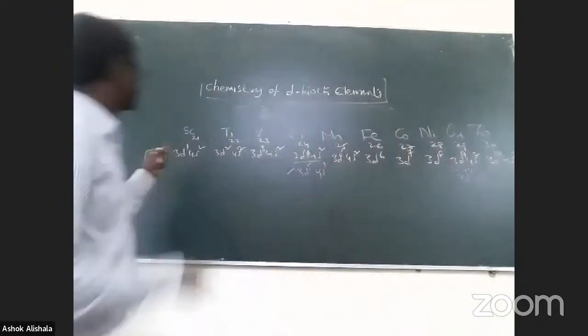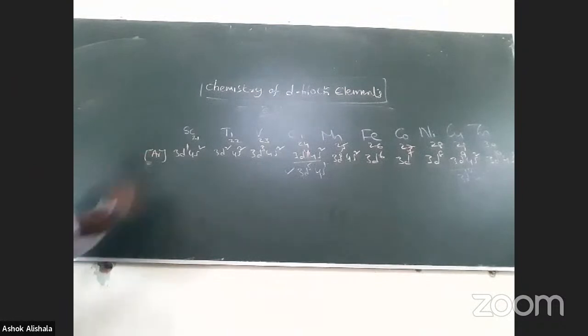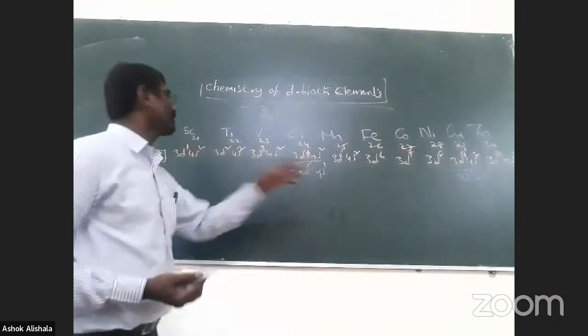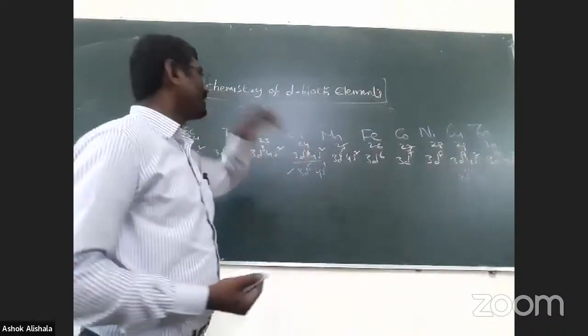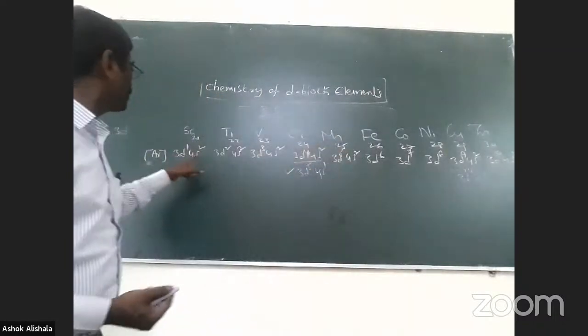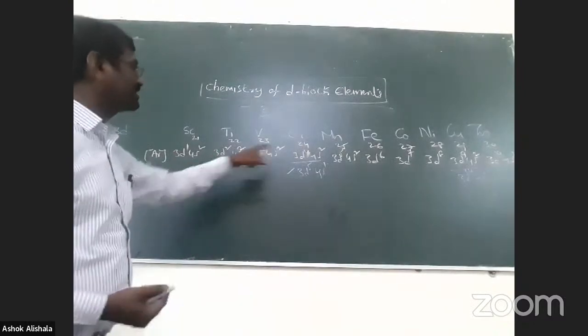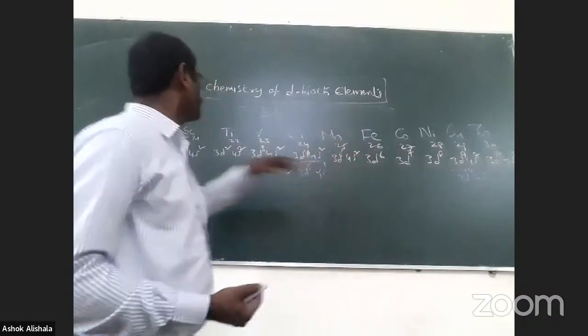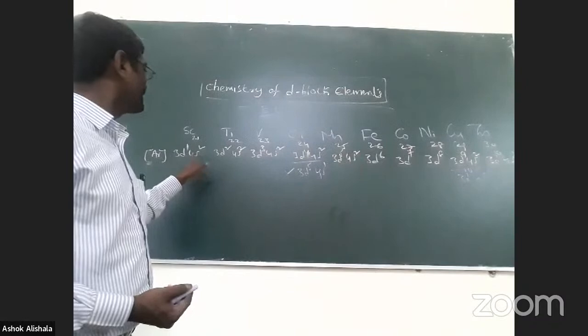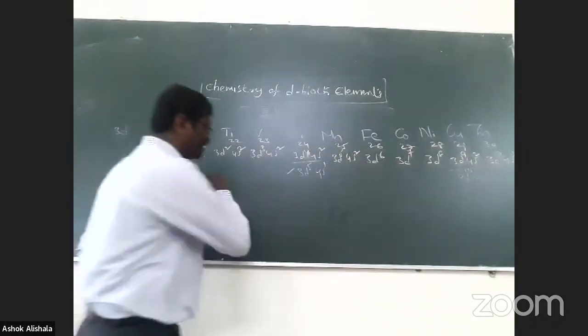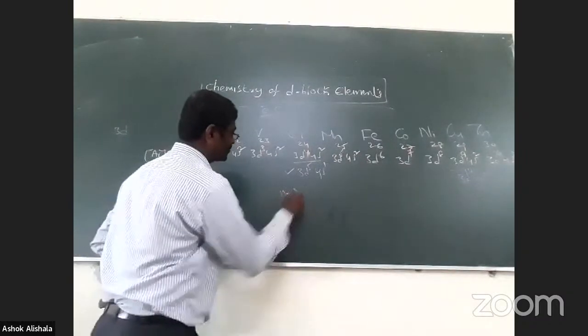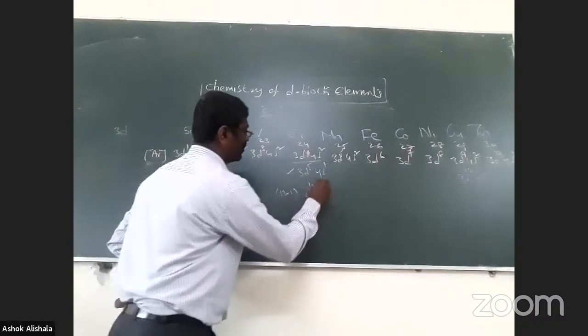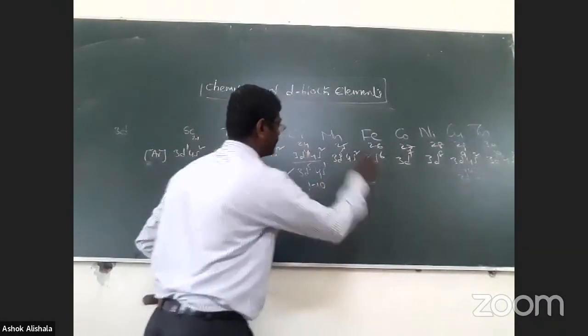Right. So you know the electronic configuration of all the 3d series elements. While moving from left to right, atomic number increases by one, and each electron goes into the d subshell. If you observe the electronic configuration, this is (n-1)d 1 to 10, ns 1 to 2.